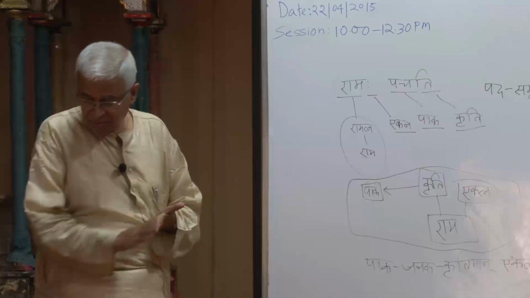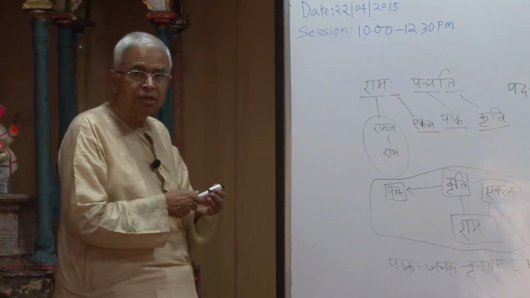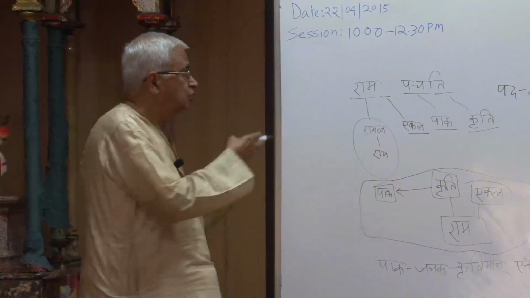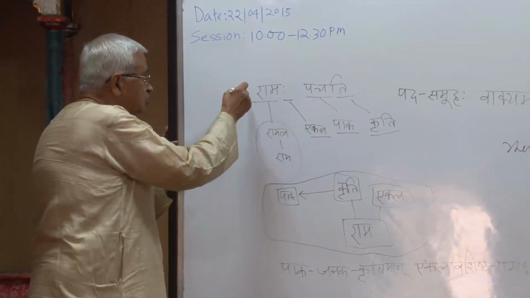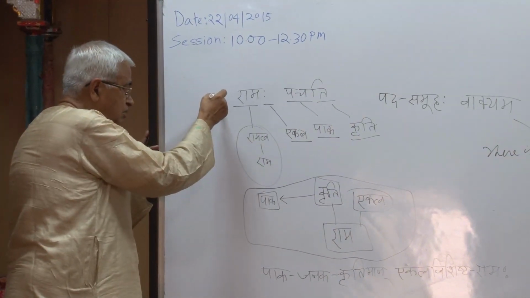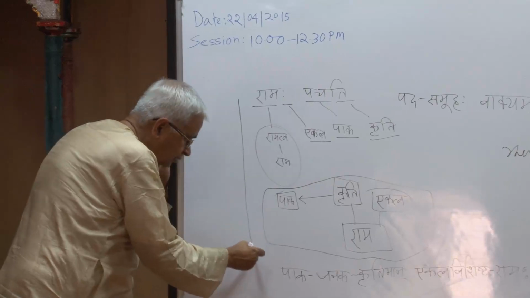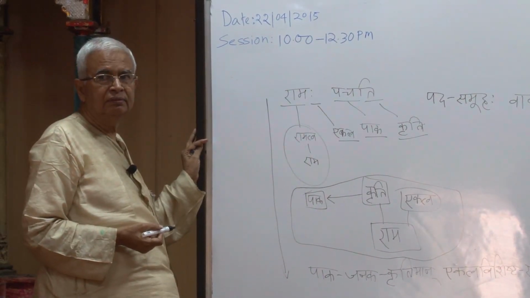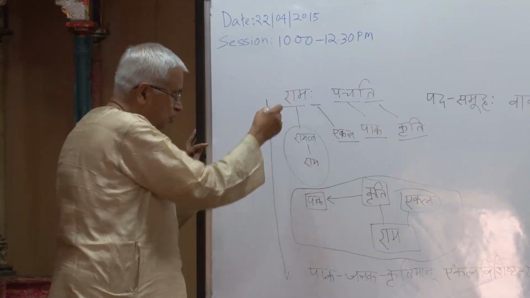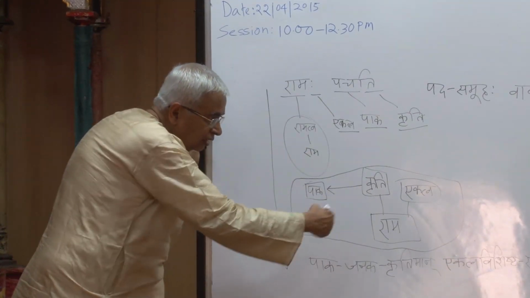So what is Shabdabodha Prakriya then? Shabdabodha Prakriya is decoding, from Shabda, that is from Vakya, up to Vakyarthajnana. This is the Prakriya. So from Vakya you come to Vakyarthajnana.